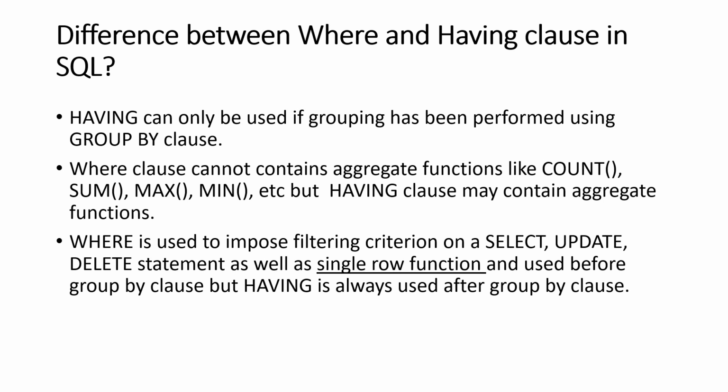WHERE is used to impose filtering criteria on SELECT, UPDATE, DELETE statements as well as single row functions and used before GROUP BY clause, but HAVING is always used after GROUP BY clause.